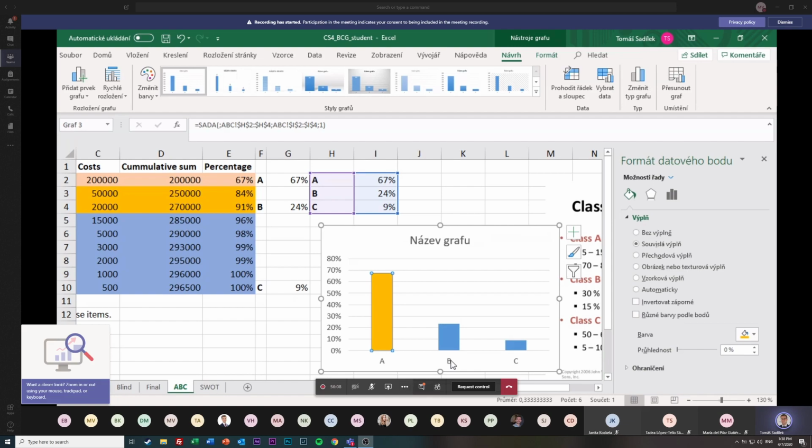Okay, so there should be your result. To put a chart, then of course you can describe it, what's on an x-axis, what's on a y-axis. This is not a problem.